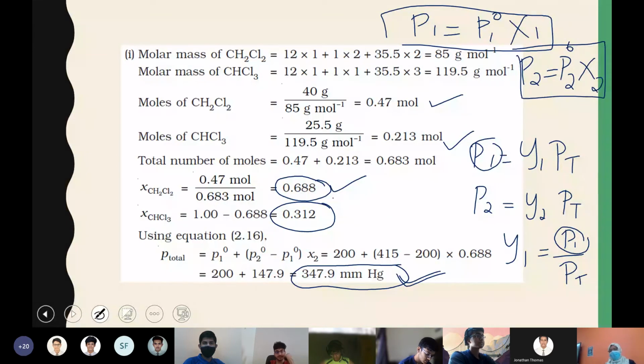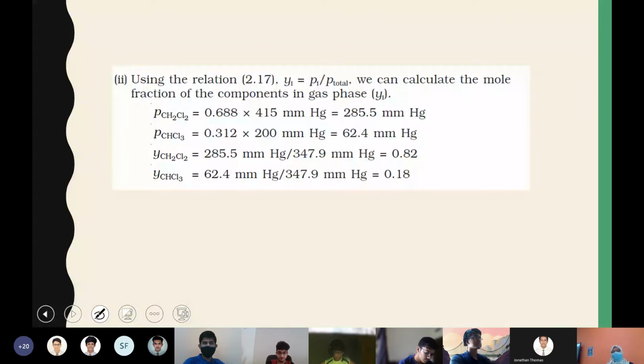After calculating P1 and P2, substitute in the Y1 equation so that you will get Y1 and Y2. So you are using Raoult's law to calculate the partial vapor pressure of chloroform and dichloromethane separately. After calculating the partial vapor pressure, you can calculate its mole fraction in vapor phase. So that's what you will do in the next step. The second part of the question is to calculate Y1 and Y2.